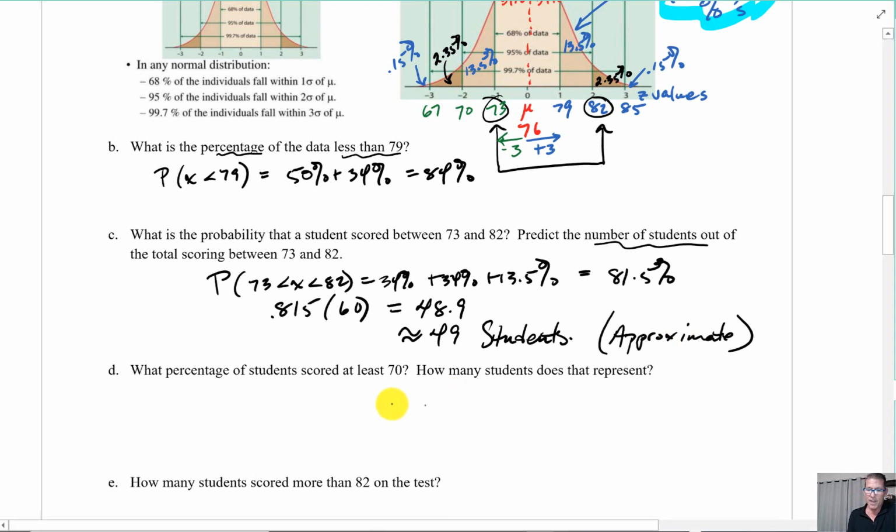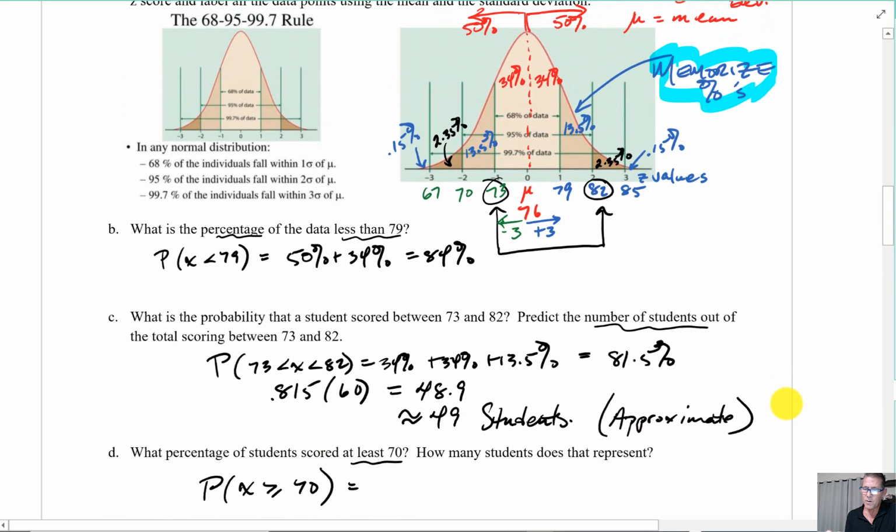Okay, what is the percentage of people who scored at least 70? So we want to find the probability that the score is greater than or equal to 70. That is to the right of 70. What's the percentage of people to the right of 70, all in this blue region right here? To the right of the mean is 50%, and then we have to take into account 34% plus 13.5%.